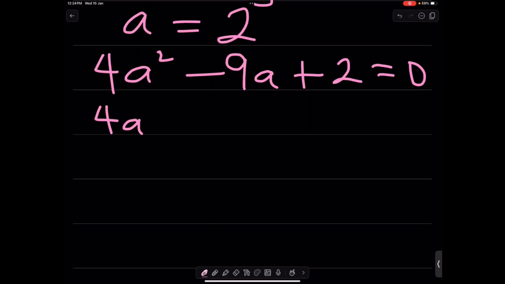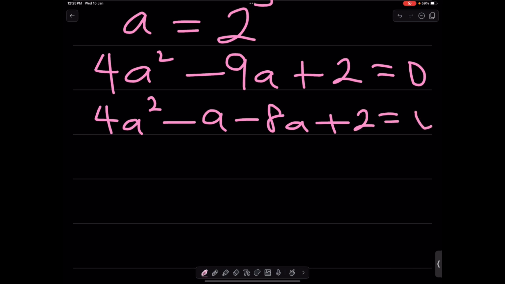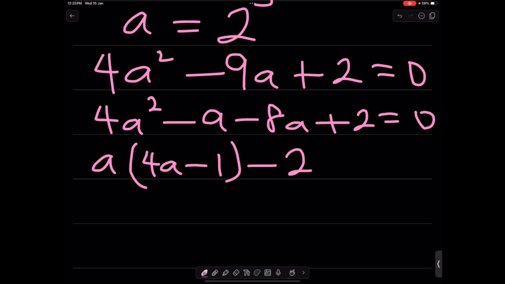Which simply means 4a squared minus a minus 8a plus 2 equals 0. And that means a into bracket 4a minus 1, minus 2 into bracket 4a minus 1 equals 0.